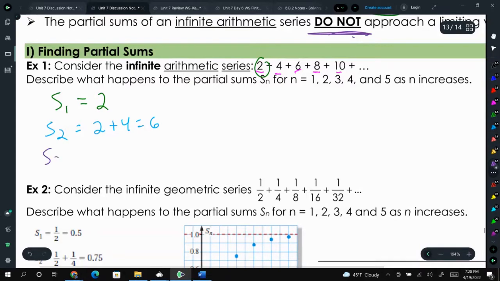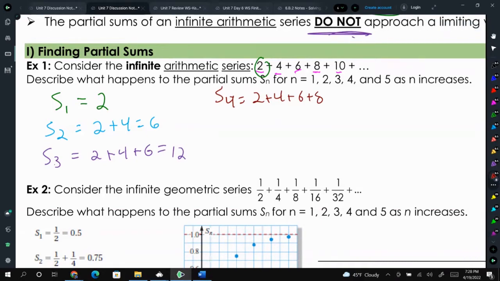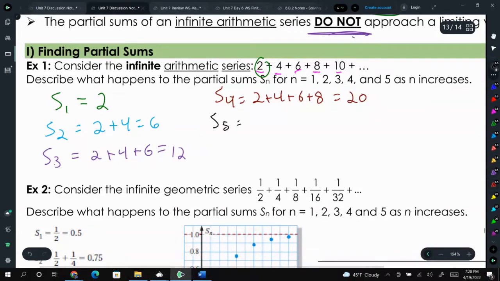S of 3 would be the sum of the first three terms, which is going to give us 12. S of 4 will be 2 plus 4 plus 6 plus 8, and that's going to give us 20. And then S of 5, 2 plus 4 plus 6 plus 8 plus 10, is 30.